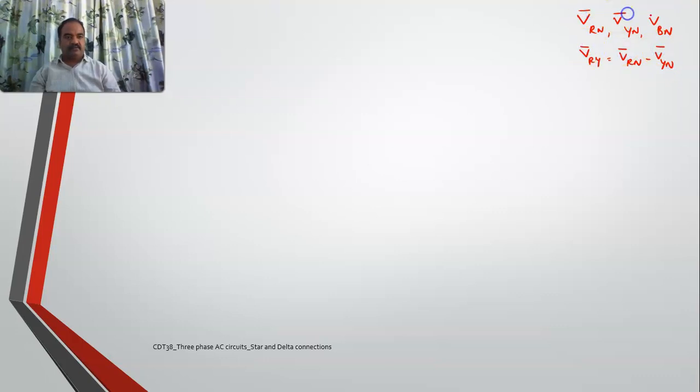These are all voltages which do have a phase angle. So now I am drawing a phasor diagram. If I take this as VRN, its magnitude is V phase and its angle is 0 degrees.